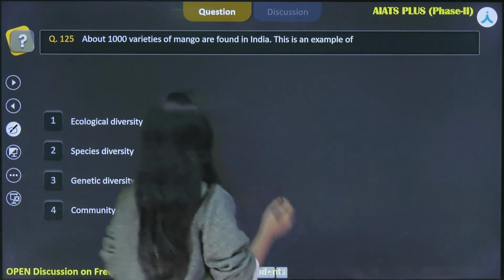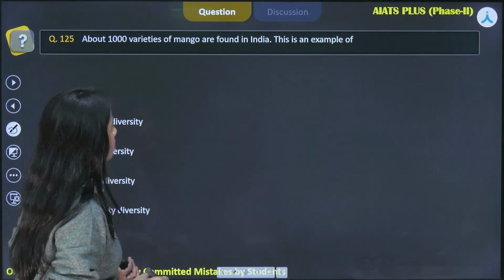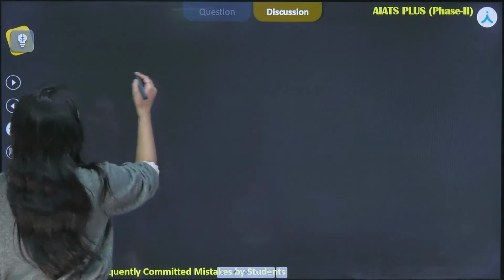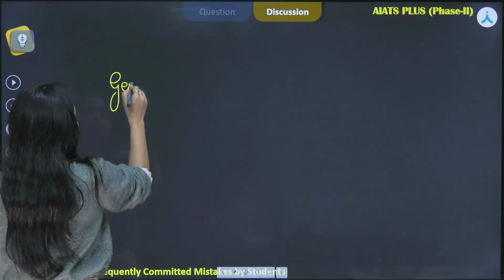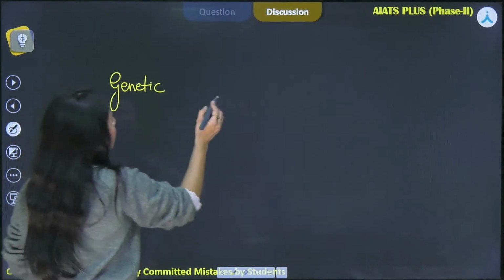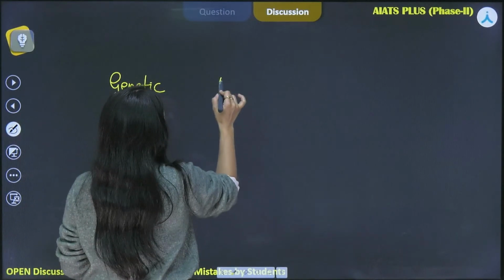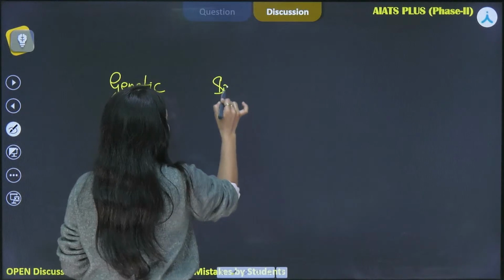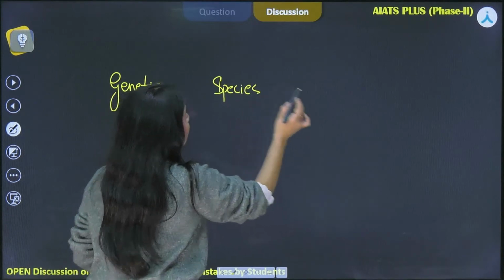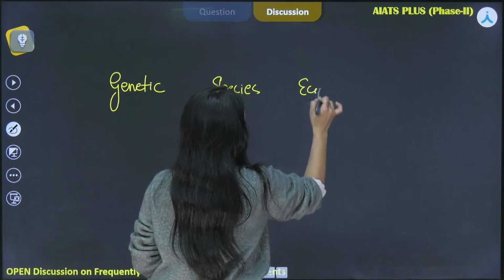Okay, so we have 3. We have genetic diversity, we have species diversity, right? And the third one is the ecological diversity, right?